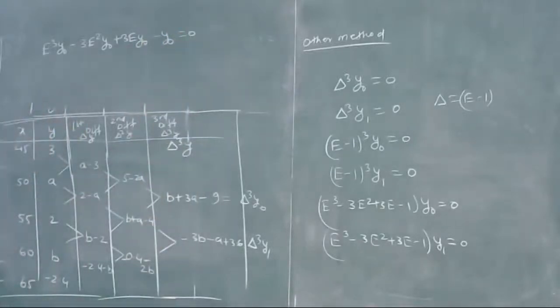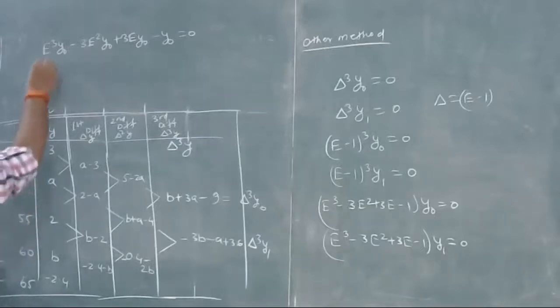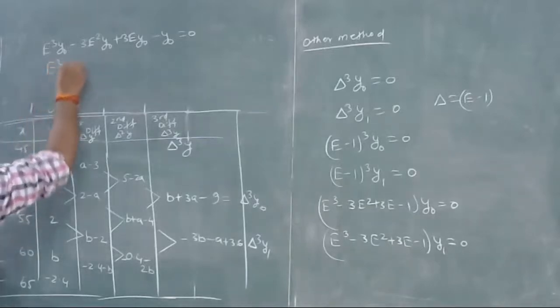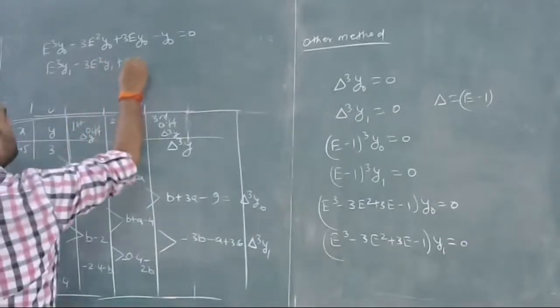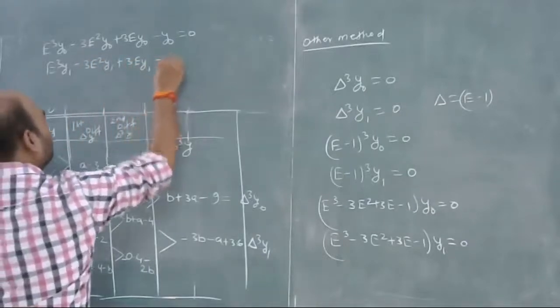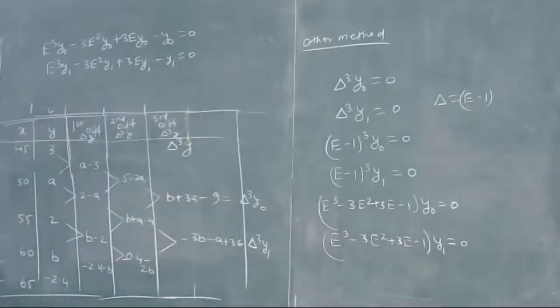Okay, and E cube y1 minus 3E square y1 plus 3E y1 minus y1 is equal to 0. Okay, so what is the definition of E?